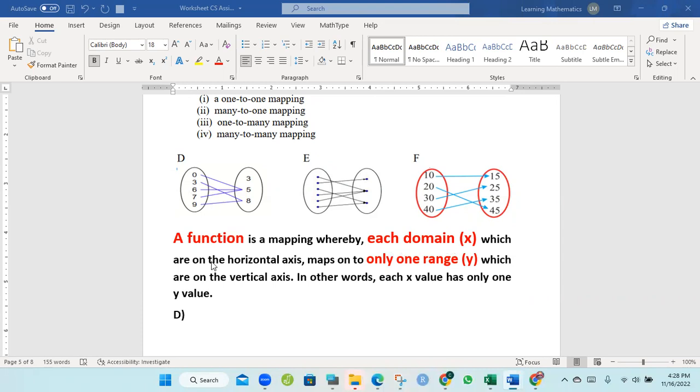Or if you're talking about x and y axis, on the horizontal axis, maps only onto one range, the y values, which are on the right here, okay, which are on the vertical axis in the x and y axis. So in other words, each x value has to map only onto one y value. Each x value maps onto only one y value to be a function.